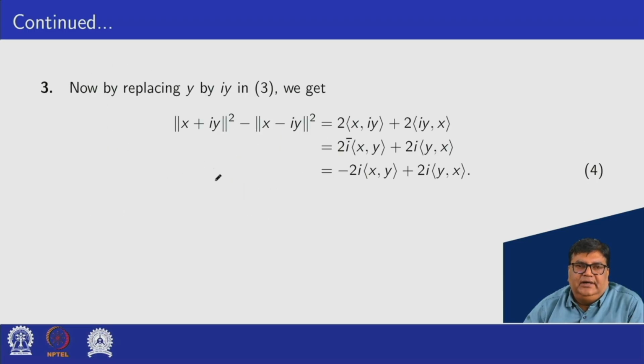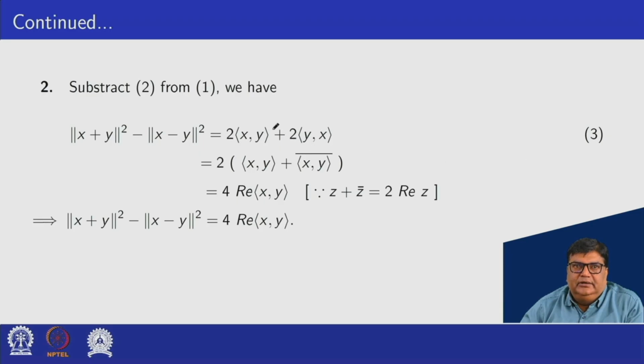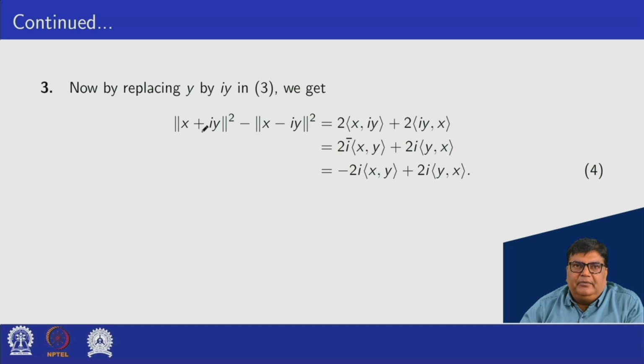Third, polarization identity. Now by replacing y by iy in equation 3, we can write the square of the norm of x plus iy minus the square of the norm of x minus iy equal to 2 inner product of x, iy plus 2 inner product of iy, x.